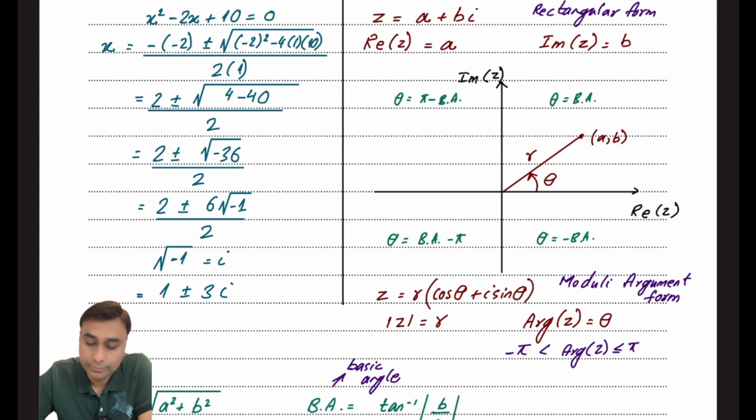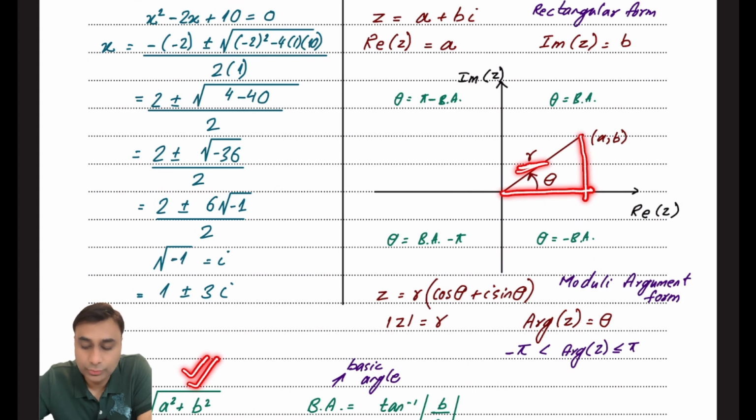For example, if you have a vector represented in the second quadrant like this, the length is going to be the modulus, and the entire angle from here to here is going to be the argument. The length of the vector can be found by simply using the Pythagoras theorem, which is called the modulus of z, and the modulus of z is basically the square root of a squared plus b squared.